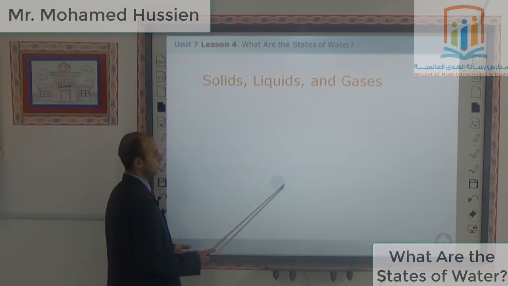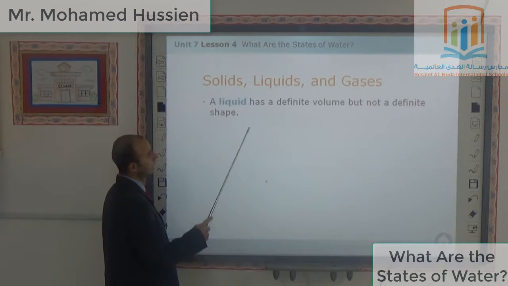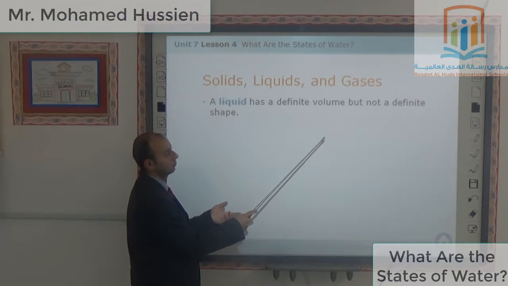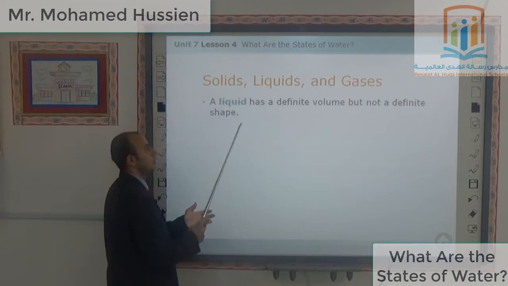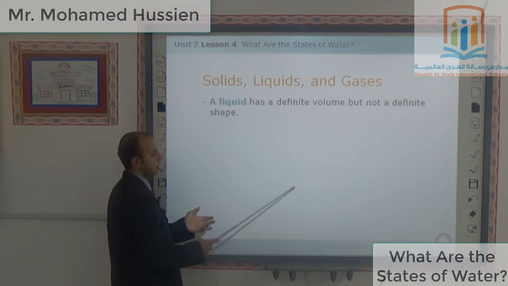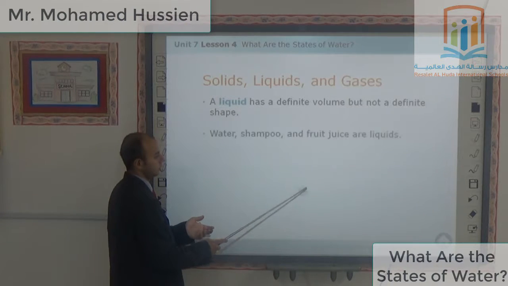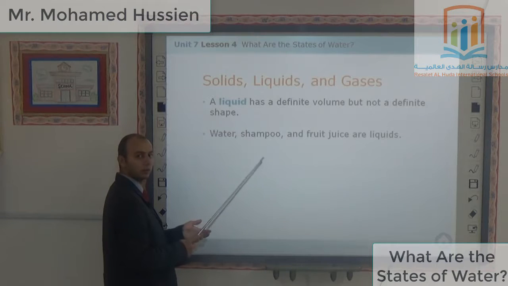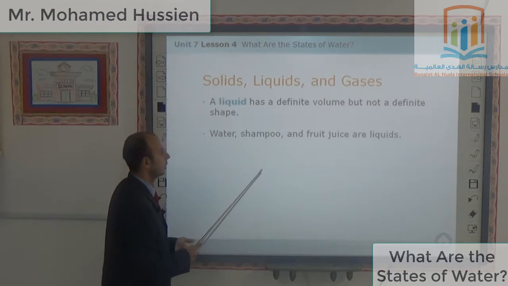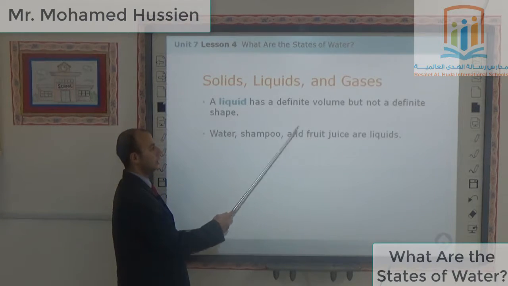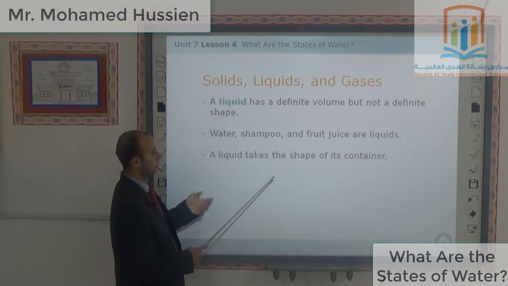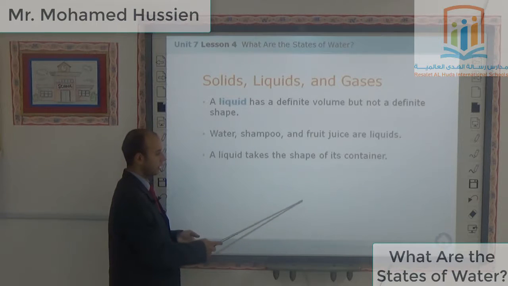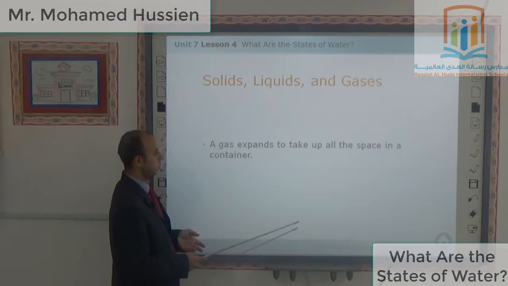Understand? Yes, liquid state, definite volume and not definite shape. As we said, the shape differs from one container to another. Like any liquid, like the water, like shampoo, like fruit juice, all of these are liquid. Take the shape of the container and not definite shape.